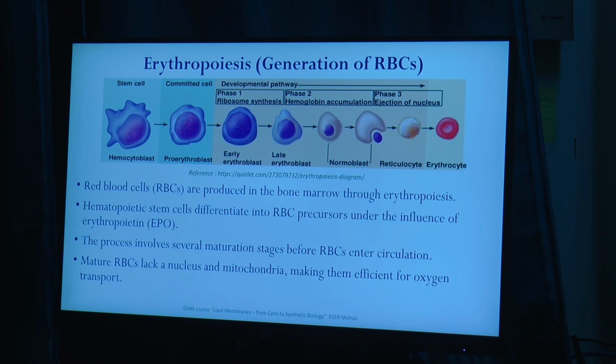That's because we have more requirement in terms of body functionality. We have more requirement of oxygen, and to hold on to the amount of oxygen which we require for normal functionality, we remove the nucleus from the hematopoietic stem cell.